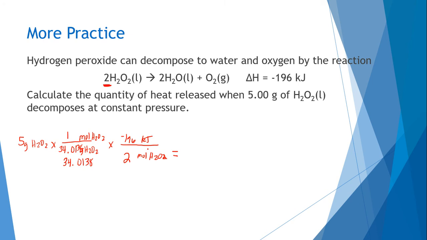So you can take that 5 divided by that 34 times negative 196 and divide that by 2. And you're going to get negative 14.4059176. Again, we have to worry about sig figs, so this one has 3 and this one has 3. So my answer is going to have 3 sig figs, or negative 14.4 kilojoules.